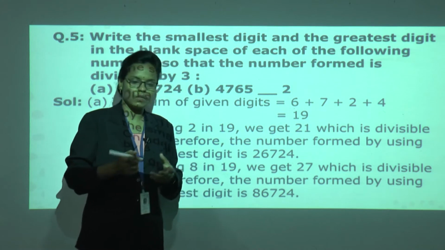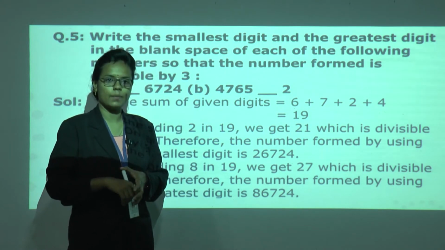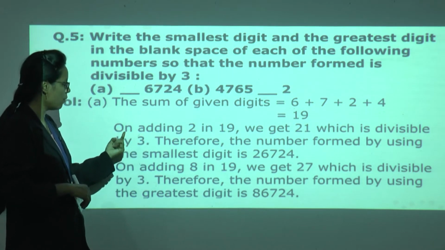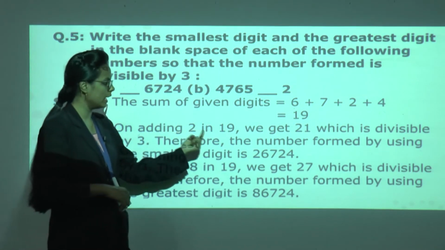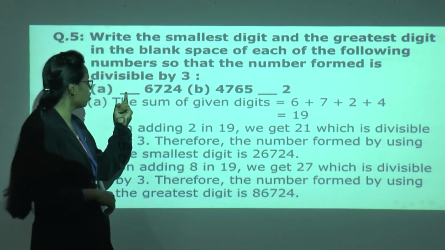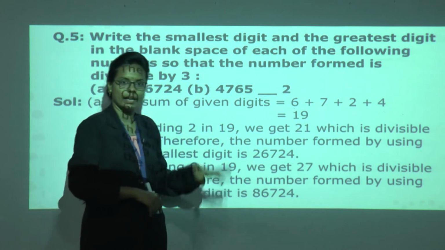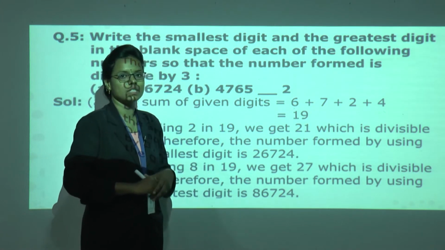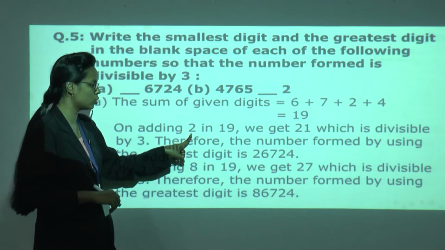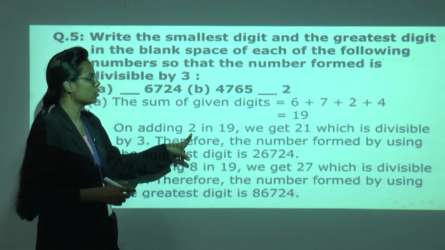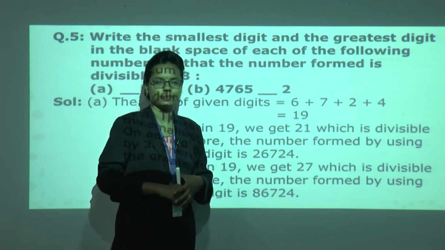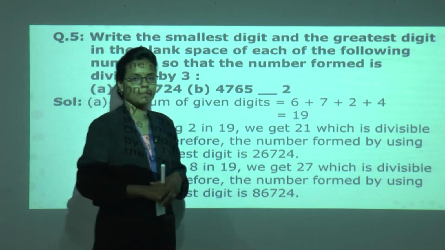Is 21 divisible by 3? Yes, 21 is divisible by 3. So the smallest digit we found is 2. If we add 2 to 19, we get 21, which is divisible by 3.